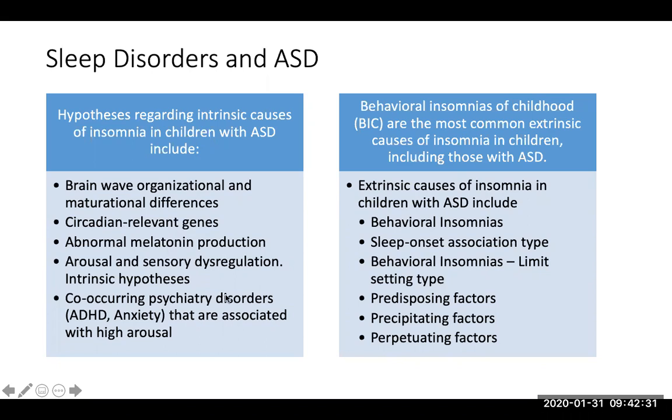In addition, kids with autism tend to have a higher prevalence of psychiatric disorders like ADHD and anxiety that by themselves cause higher arousal. These are the intrinsic factors, the predisposition, which is not the same for everybody. In some kids, this or that may be more of an issue. But in addition to the intrinsic factors, the most common extrinsic causes of insomnia are the behavioral insomnias.